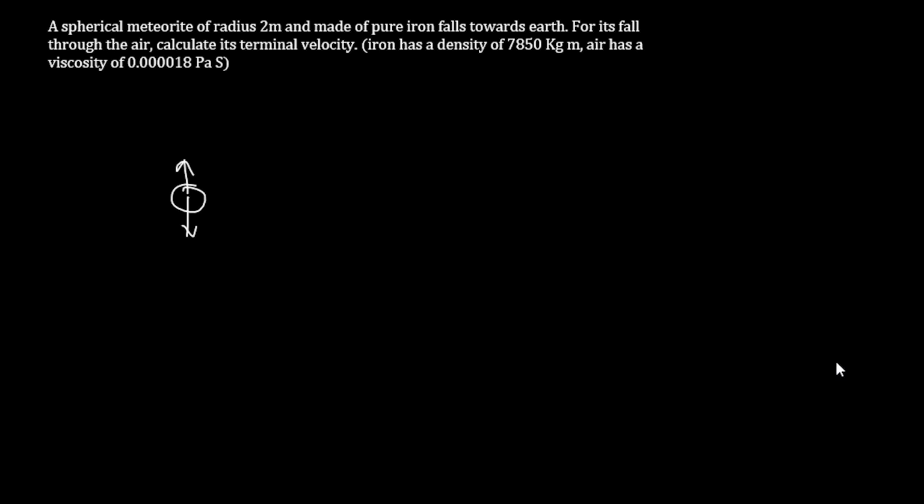So the first thing to do is to find its weight, which is equal to its mass times gravity. Now, the mass of an object is equal to its density, which is symbolized by the Greek letter rho, times its volume. And the volume of a sphere is calculated using 4 over 3 pi r cubed.